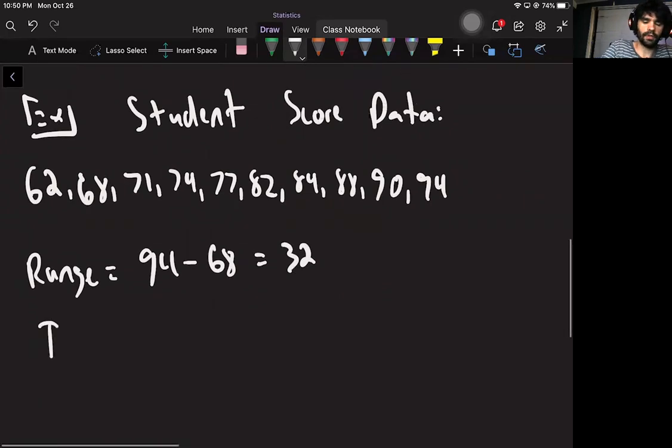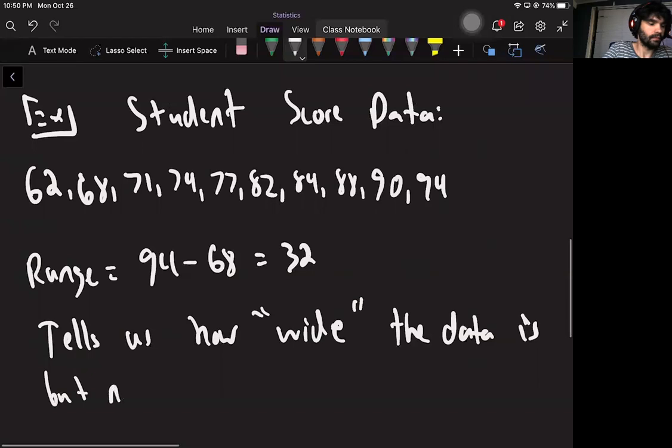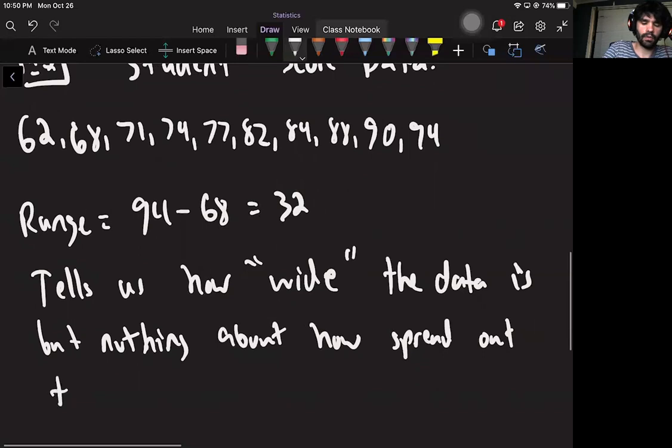So again, this really just doesn't tell us much because it just tells us how wide the data is, one way to think about it. But nothing about how spread out the data is within that range.